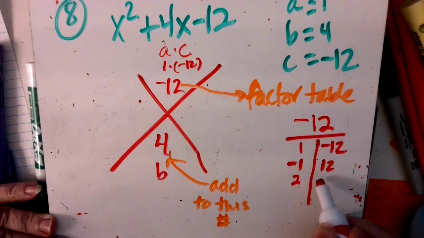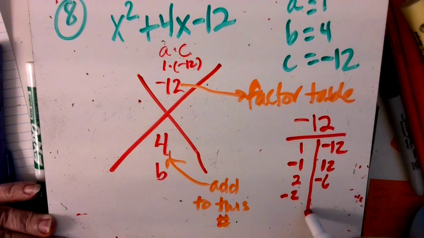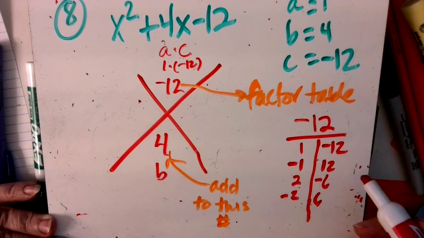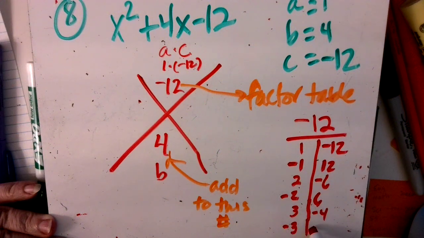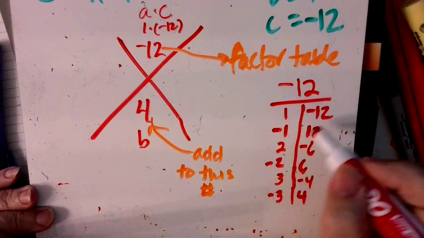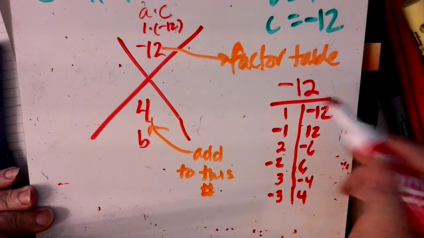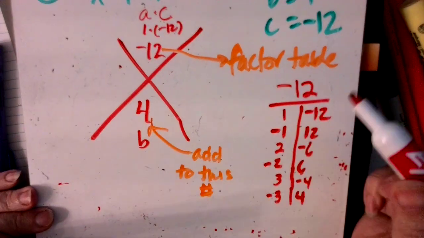Then I have 2 times negative 6, and then negative 2 times positive 6. Then I have 3 times negative 4, or negative 3 times positive 4. So all of these, when they're multiplied, multiply to negative 12. But now I have to see which pair adds to 4.